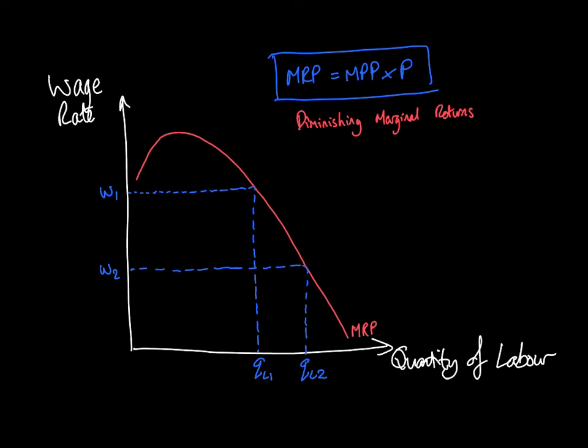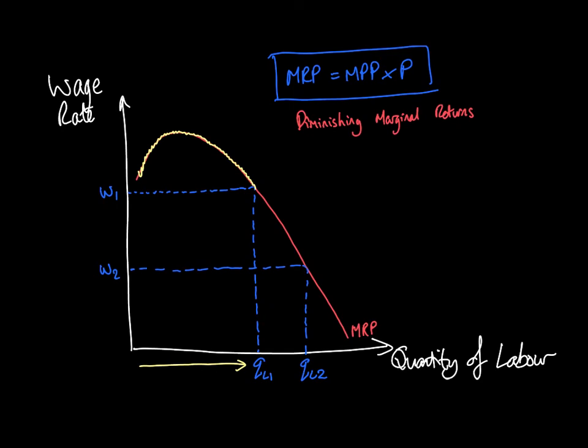So only the workers with an MRP on this bit of the line up here, if we trace it with a slightly squiggly line, only workers on that bit of the MRP curve will be employed. So only workers up to QL1 will be employed if the wage rate is W1.